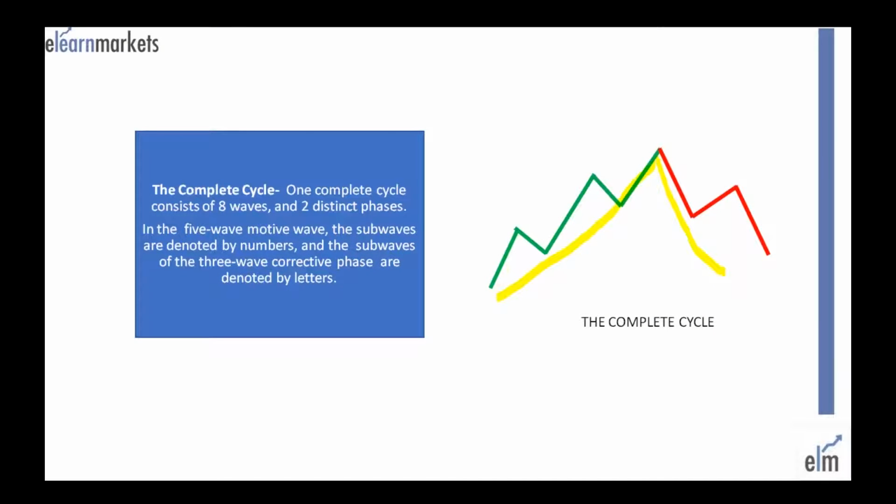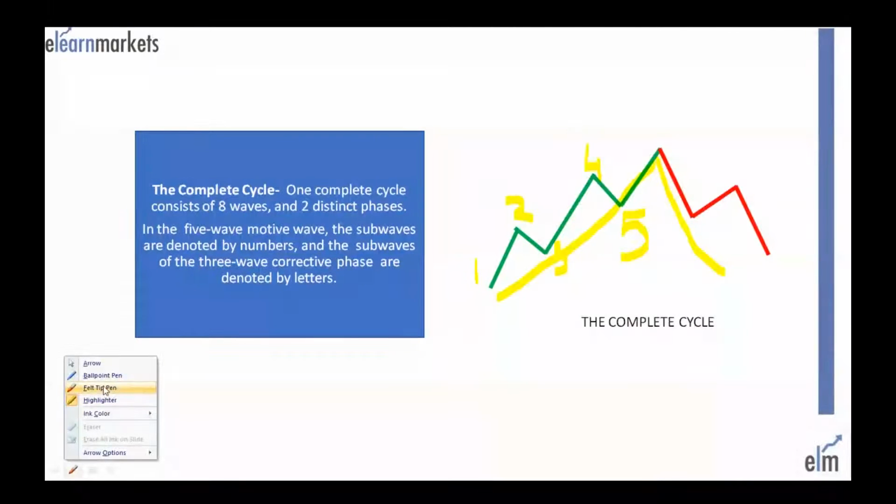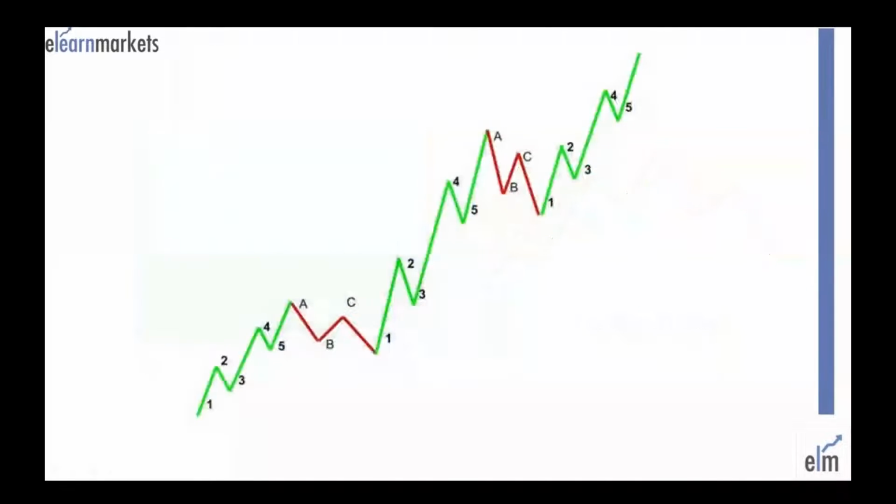So if we mark this motive wave, drawn in green, it would be 1, 2, 3, 4 and 5. The motive wave is numbered, whereas the corrective wave is marked alphabetically with A, B and C. And this comprises the complete cycle.